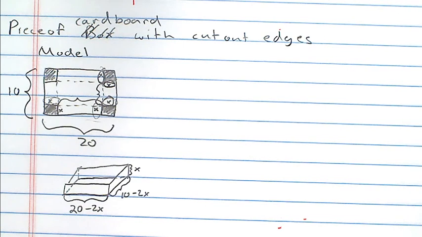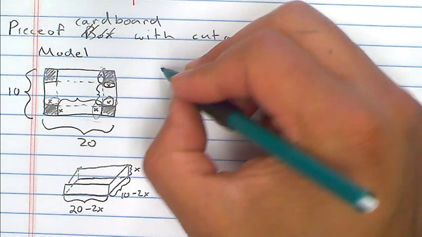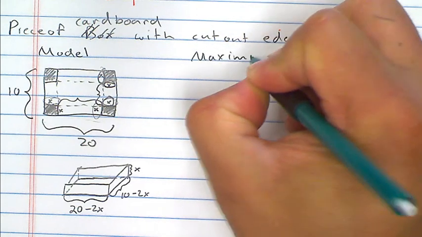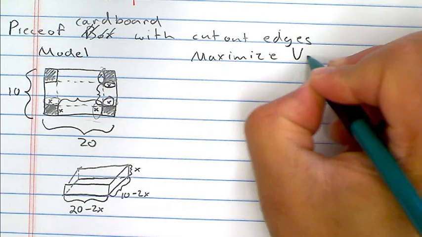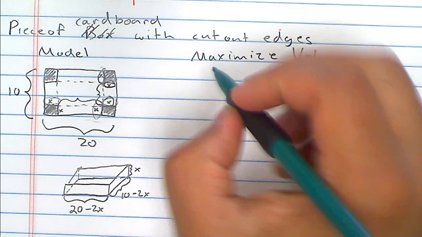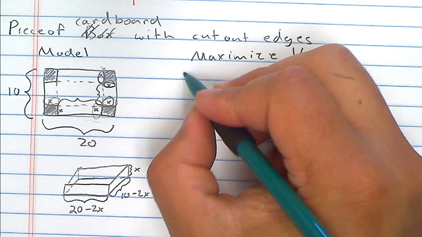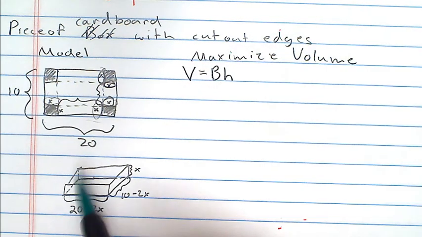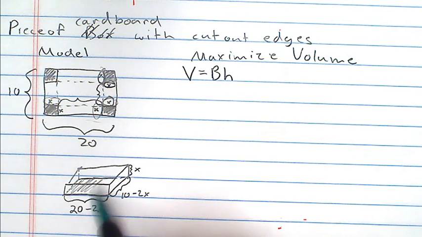Okay? So what we want to do here is we want to maximize volume of this box. So what's the volume equation? Volume is big base times height of any prism whatsoever. So the area of the base times the height.